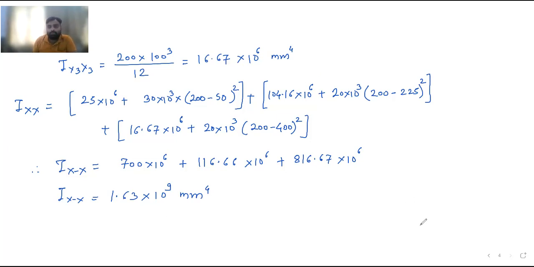So section modulus Z, at top. I will use the notation Zt equal to I, moment of inertia, by y top, yt.